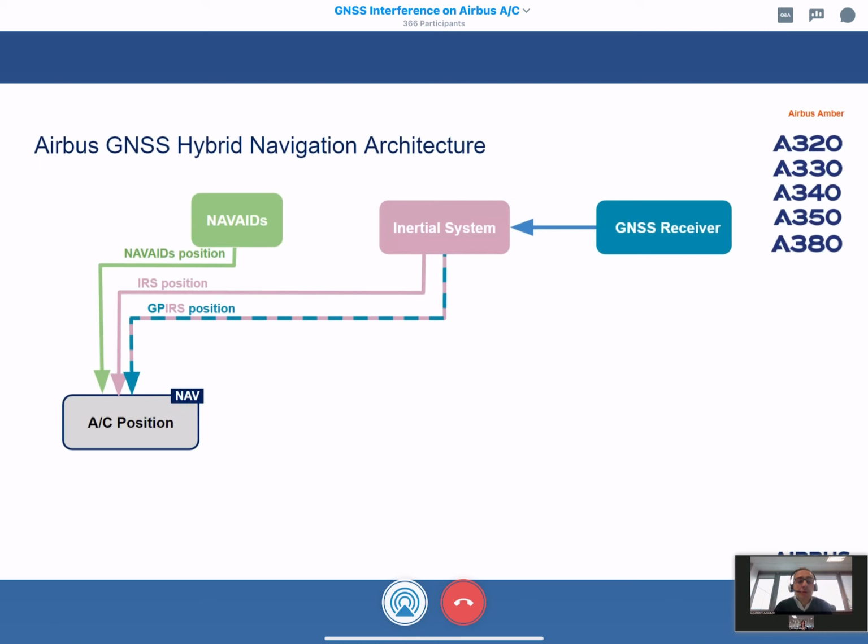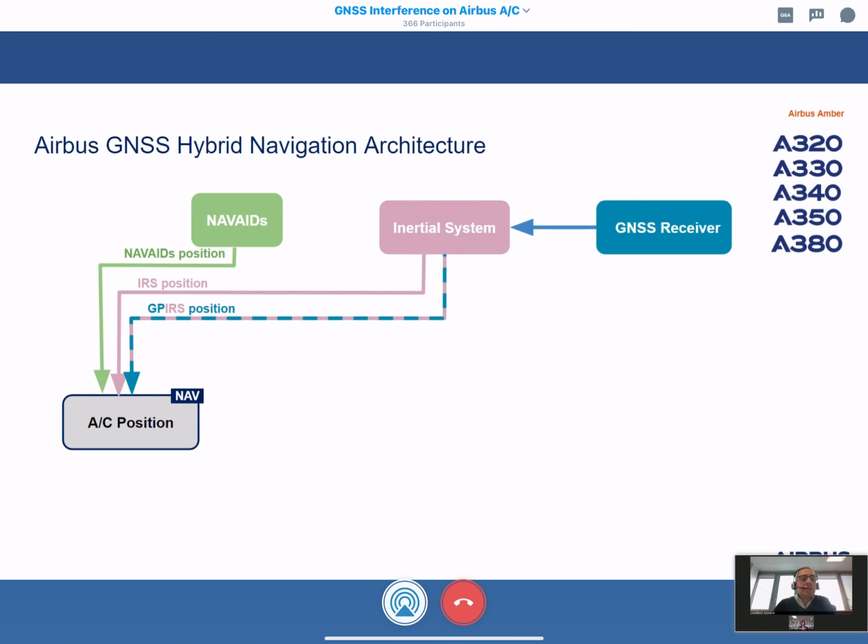One is GPIRS, and in case the GPIRS position is affected by GNSS spoofing, then the GPIRS position will be able to reject the GPS measurement and switch to coasting. And at no time will the pure IRS position be affected by the GNSS spoofing. So there's no possibility that there is a pollution of the pure inertial information by the GNSS spoofing.